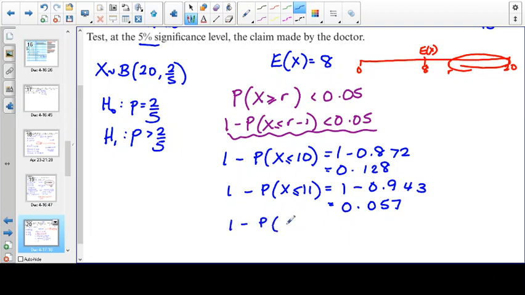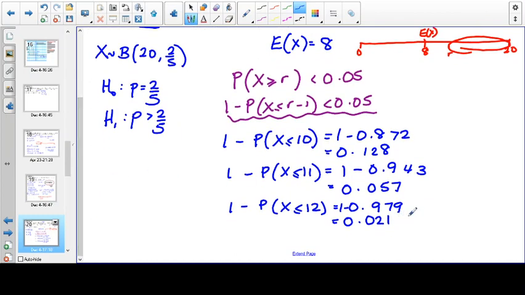So I expect that 12 will do it. So if I put 12 in, I will get 1 minus 0.979, which is 0.021. Okay, so that's the one I want. This, remember, is r minus 1.